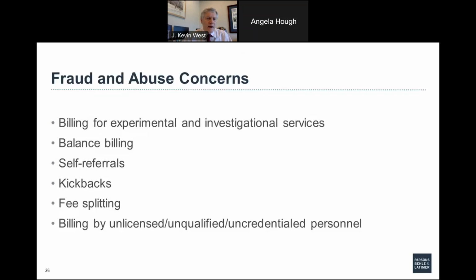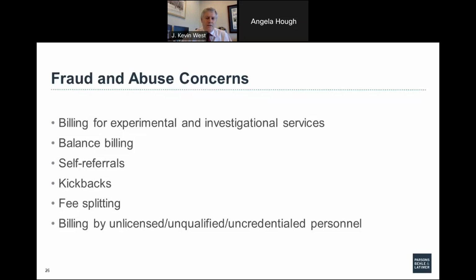The practice of balance billing, where the patient is told, hey, don't worry about your copay or deductible, we'll just bill the insurance company and they'll take care of it, that's a problem. Of course, the area of Stark law with self-referrals, kickbacks, fee splitting, which is prohibited in Idaho among healthcare providers and others.